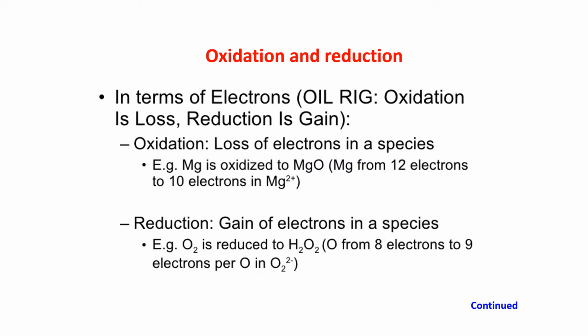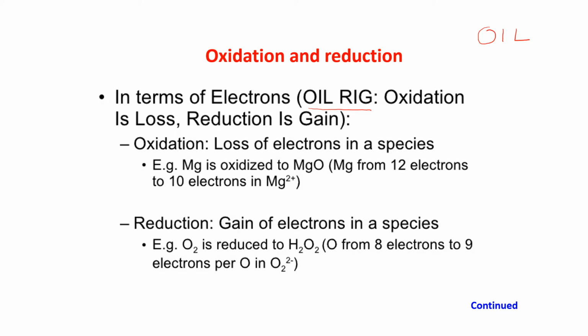Oxidation and reduction in terms of electrons. It is given by the word OIL RIG. OIL means oxidation is loss, and you know that it is loss of electron. So oxidation is loss of electron.